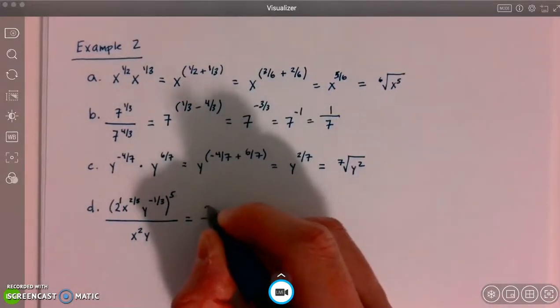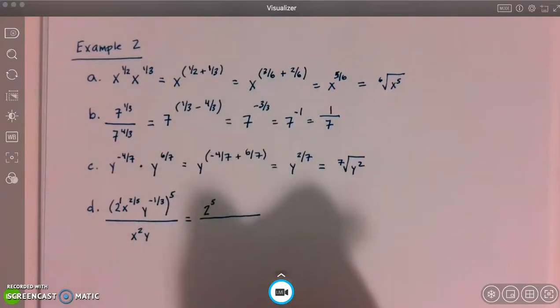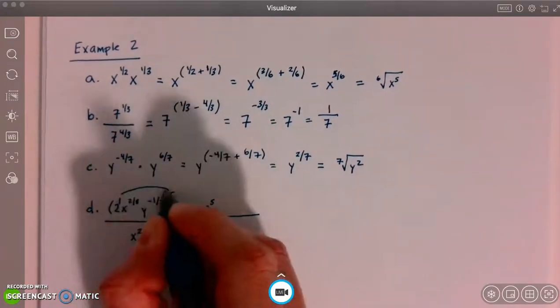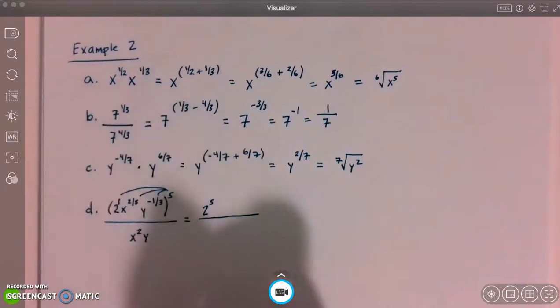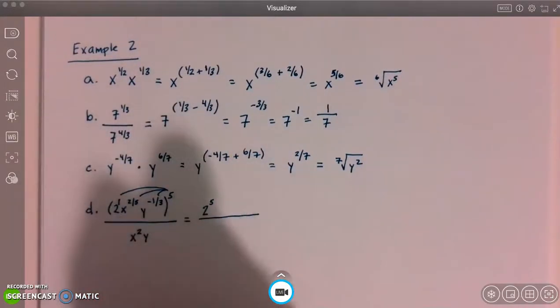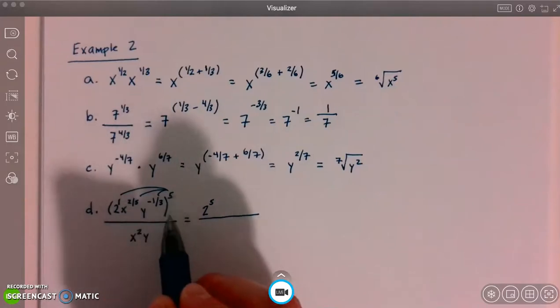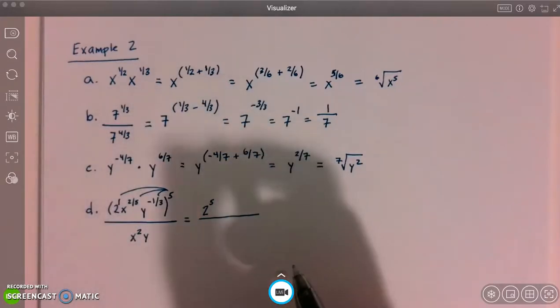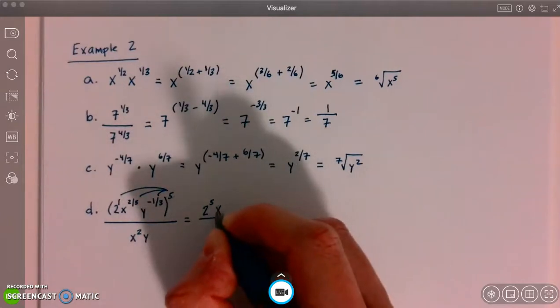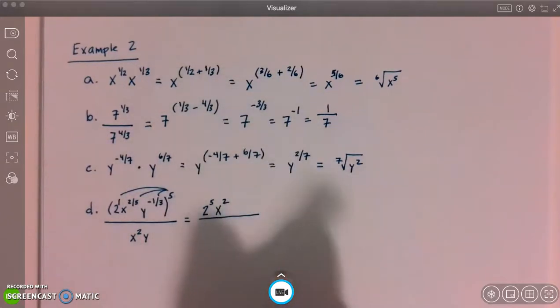So this is going to become 2 to the 5th. I'm just multiplying it into every exponent. 2/5 times 5/1 is going to give me 10/5. And 10/5 is just 2, so that's x squared.